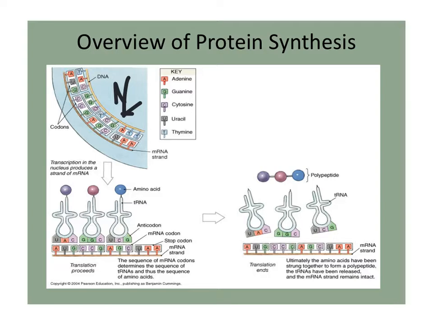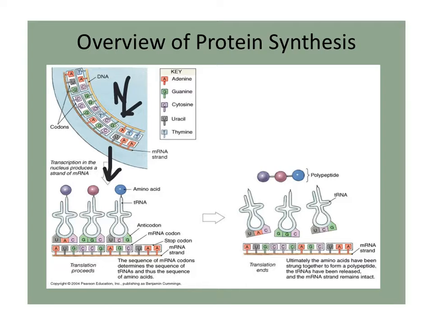Then the codons of the messenger RNAs will match up until you have that long stretch of messenger RNA. That is going to leave through a nuclear pore. We don't see the ribosome shown on here, but this would be at the site of the ribosome.